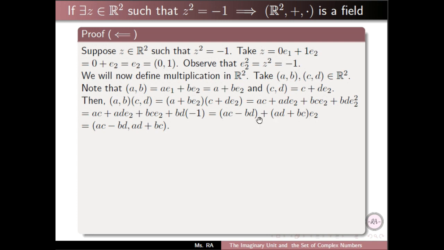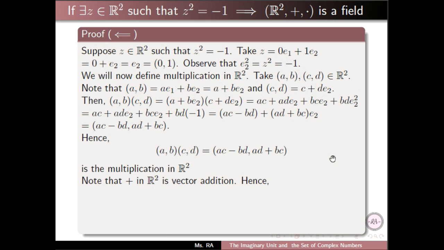Note that we can rewrite this as an ordered pair (AC minus BD, AD plus BC). And this is how the multiplication in R2 is defined. Okay, take note of that.